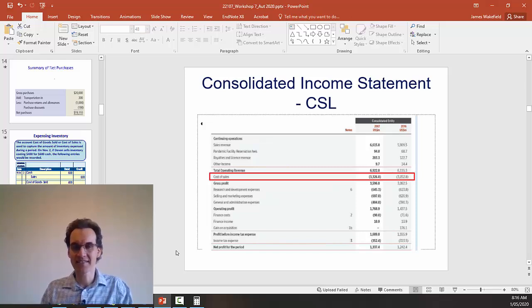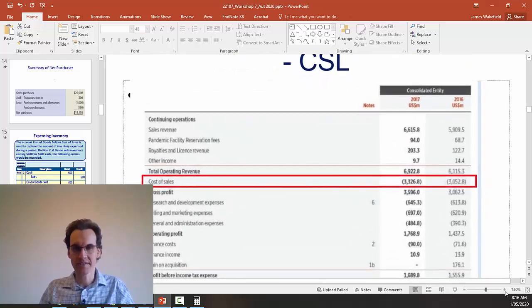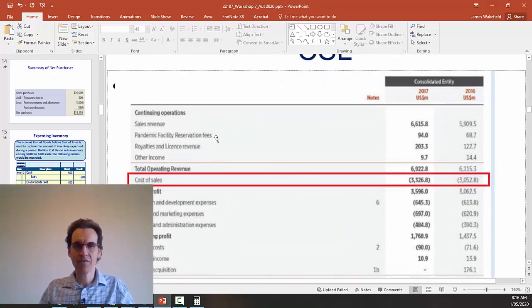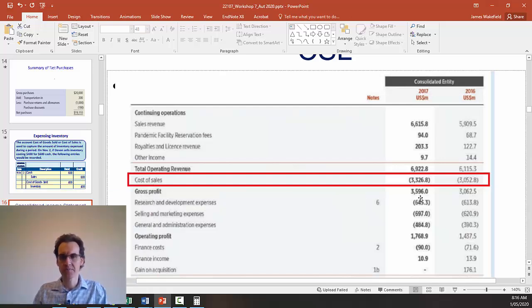So if we look at this in the case of CSL, if I expand this a little bit so we can see it more clearly, they have all their sales revenue related items, and then they deduct the cost of sales, which is the same as cost of goods sold we just looked at, to give them their gross profit. So just under half of their revenue is taken away by the cost of sales or cost of goods sold. In business, that's quite a reasonable margin.